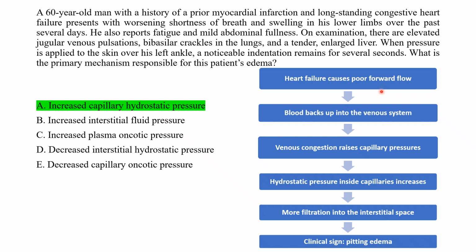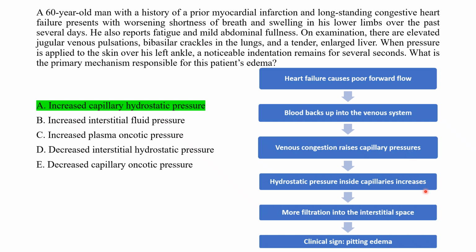And then this causes blood to back up into the venous system because the ineffective pumping increases pressure in the atria and large veins. Now, the venous congestion raises capillary pressures, and that is because the elevated venous pressure is transmitted backwards into the capillaries.